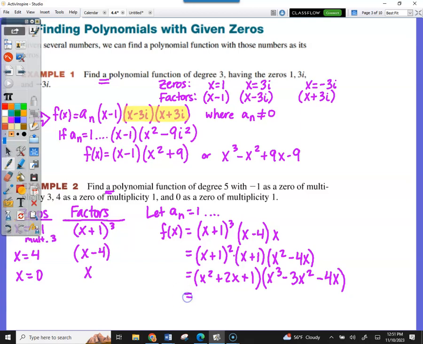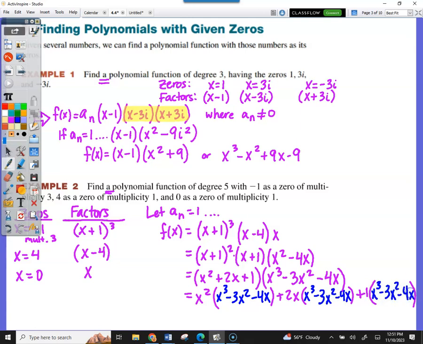I like the split repeat, which means I'm going to split this into 3 terms. x squared, beep, plus 2x, beep, plus 1, plus 1. Oh my goodness, right. Then I'm going to repeat that.